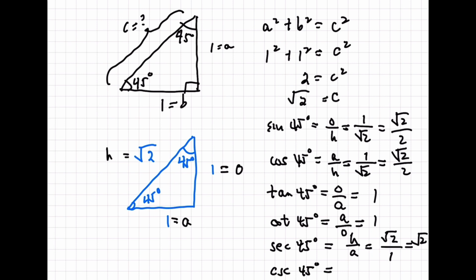And lastly, your cosecant should have the same value as your secant, which is hypotenuse over opposite, or square root of 2 over 1 again. So there you have it, everyone. We are able to derive the 6 trigonometric functions of our 30, 45, and 60-degree angles.